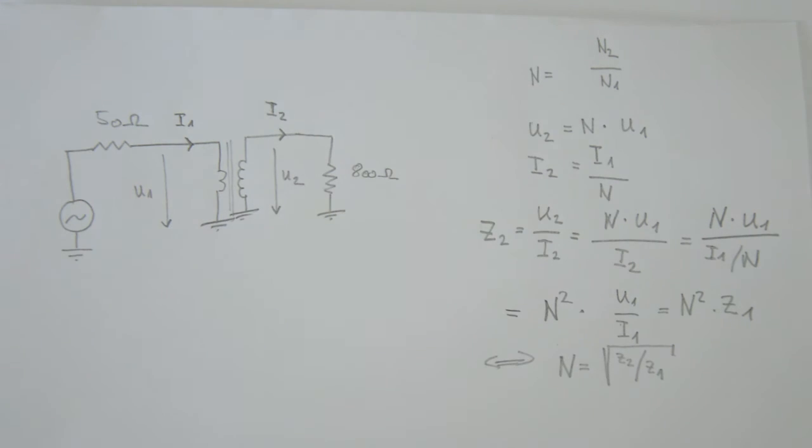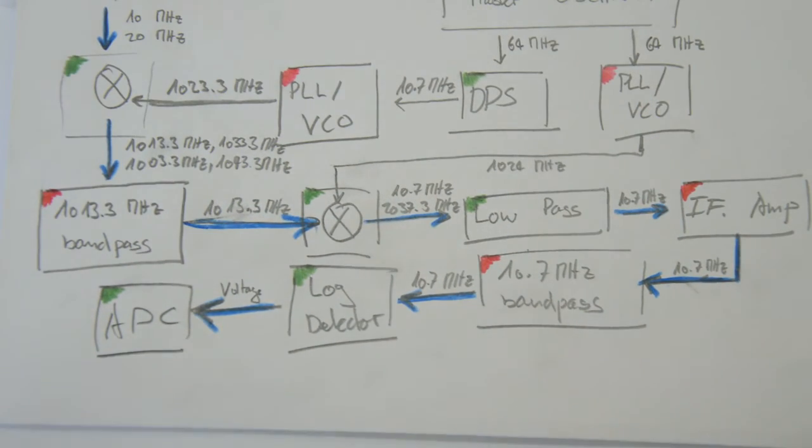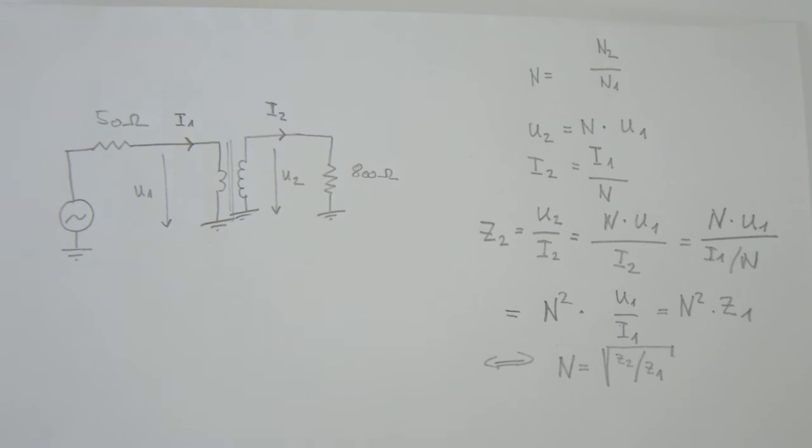In general, there are many ways to do this. The easiest probably is using an L matching network. And in fact, you could do this because if you look at the block diagram, this input is always at 10.7 megahertz. So you could design an L match for that, but Scotty decided not to do that. And actually, I adopted that because I think that's pretty cool.